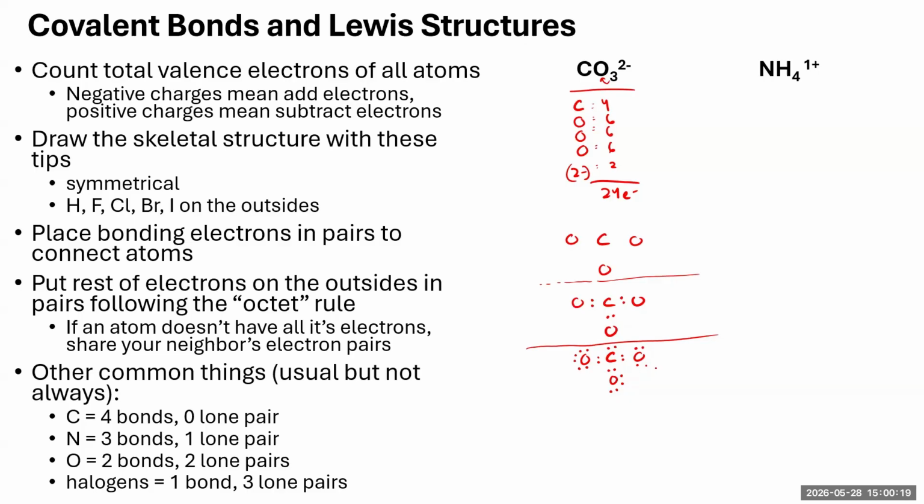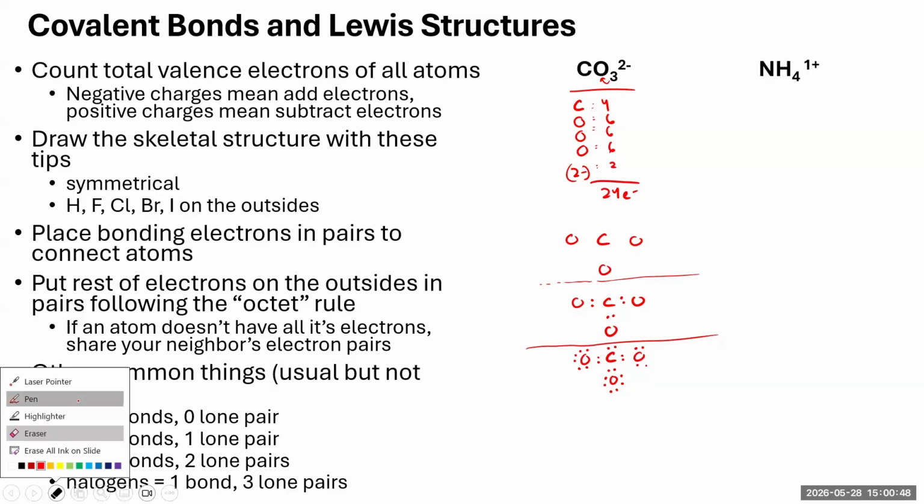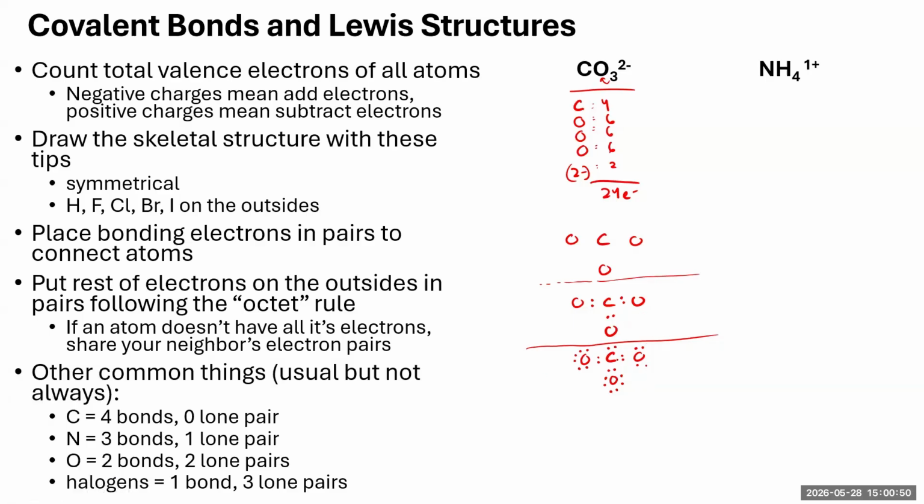Now we can go to the right or down, and you can just pick one. 24. All right. This left oxygen is happy. It has 8 electrons. The carbon is happy. It has 8 electrons. The bottom oxygen is happy. It has 8 electrons. The right oxygen is not happy because it only has 6 electrons. So what's going to happen is, since it's not happy, it's going to borrow from its neighbor.